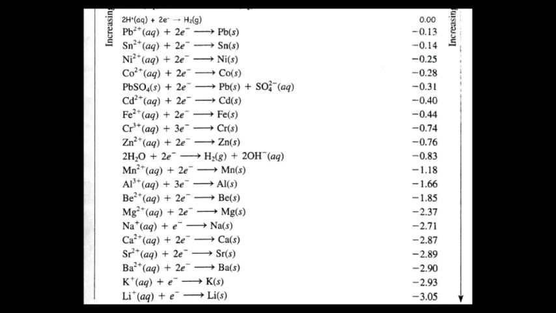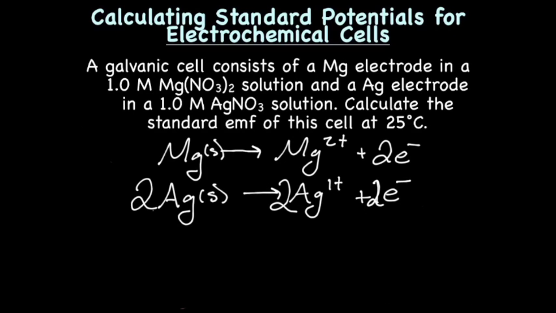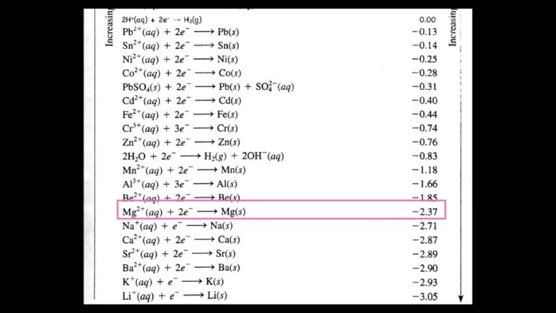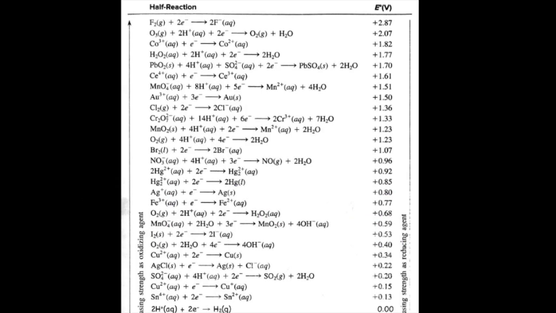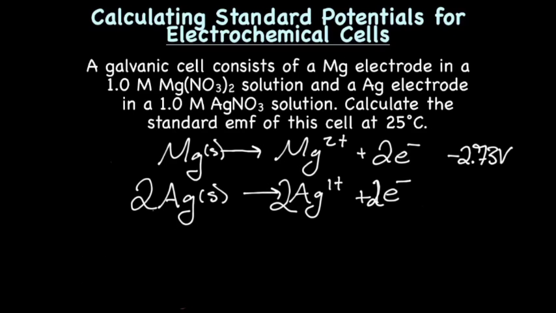So here's our Mg, which has a standard reduction potential of negative 2.37 volts. So we'll put that in. And now we need to find the silver, which is right here, and that is positive 0.8 volts. So I'll put that in.